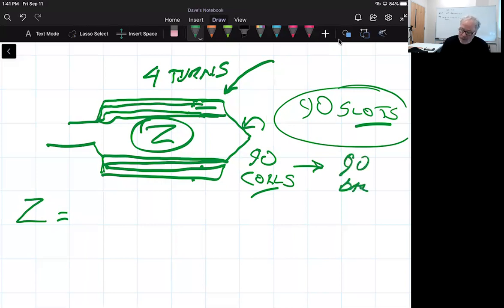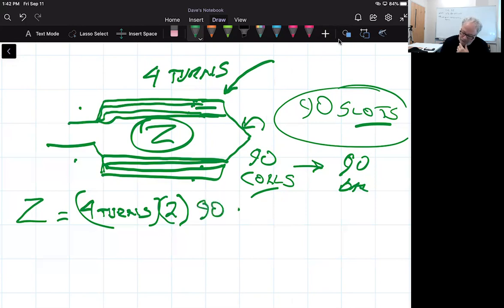So if I want to describe the total number of conductors in this, I'm going to just look at this one coil. Instead of counting all of those, I'm told it has 4 turns. I've got 4 turns 2 times, 1 here and 1 here, so I'm going to say times 2. And then how many of these do I have? Well, I've got 90 of them. I knew that because I understand from the description of the DC generator that 90 slots equals 90 coils.